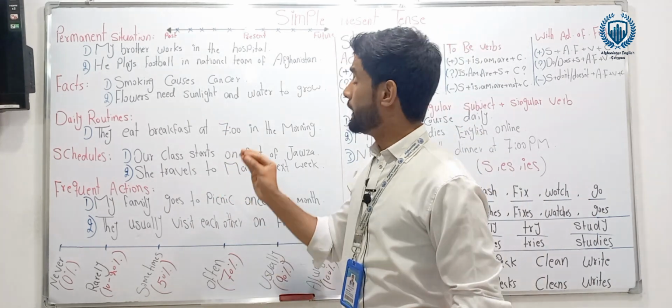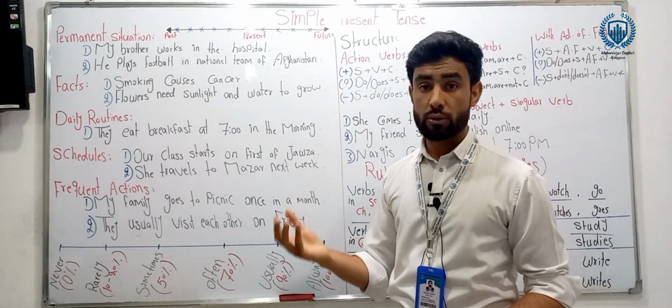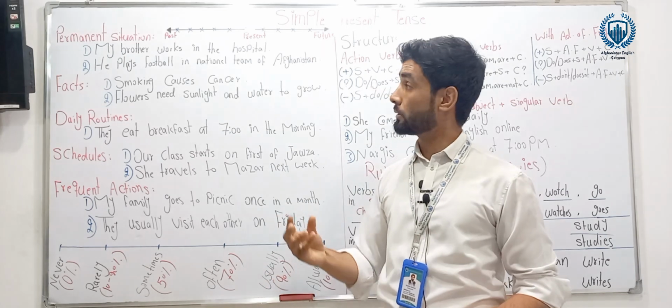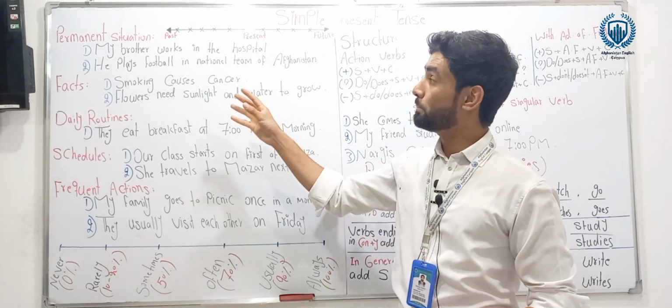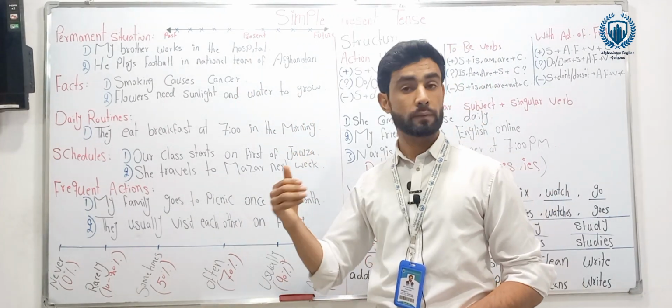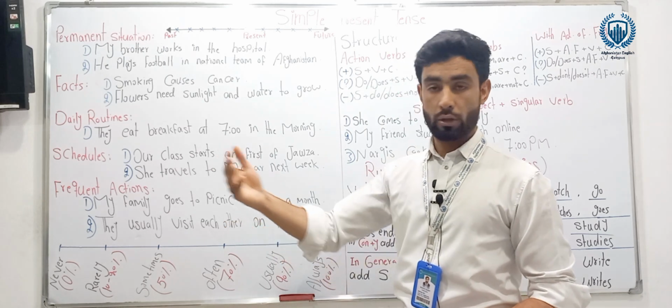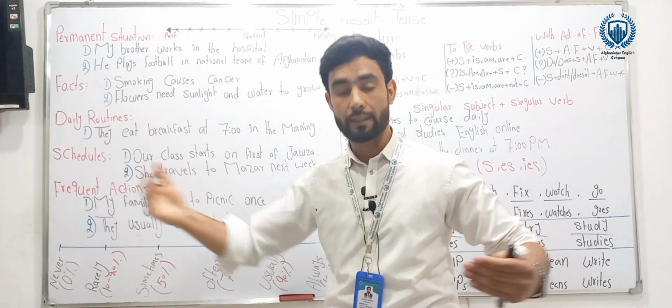Sentence number 2, he plays football in the national team of Afghanistan. The one we are talking about is a football player. So he plays football in the national team of Afghanistan, not for 1 day, not for 2 days, not for 3 days, but for a permanent time.